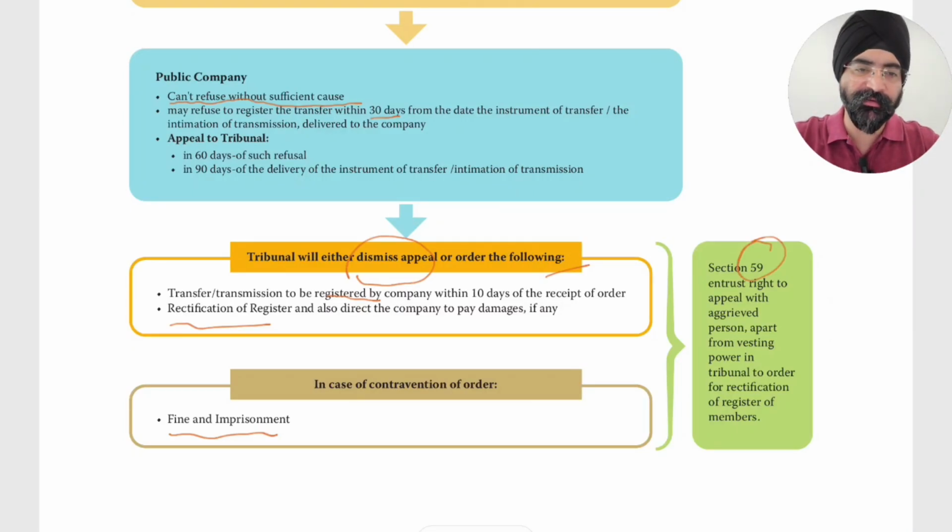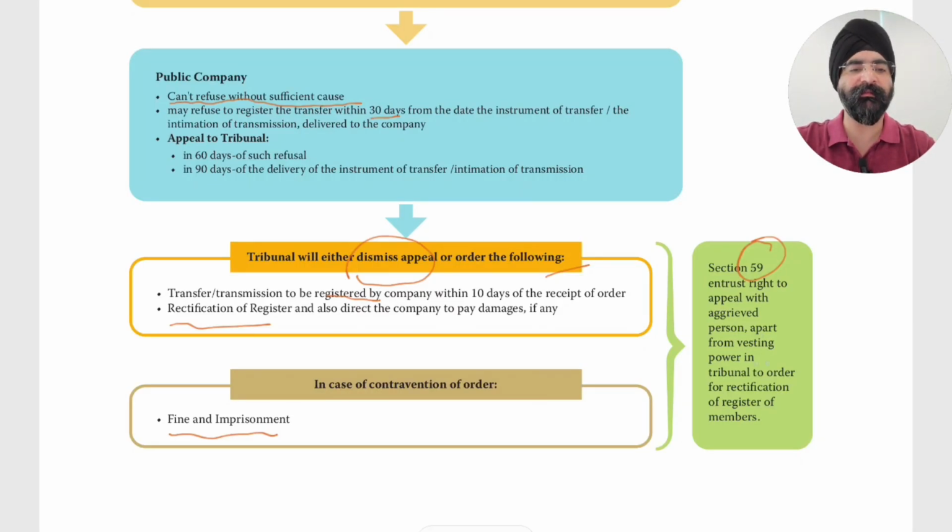Section 59 comes into picture. Section 59 entrusts right to appeal with aggrieved person apart from vesting power in tribunal to order for rectification of register of members. Means aggrieved person has right to appeal, it is provided in section 59.